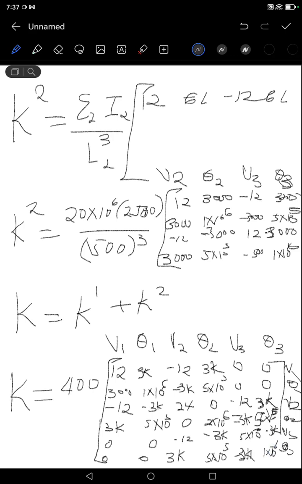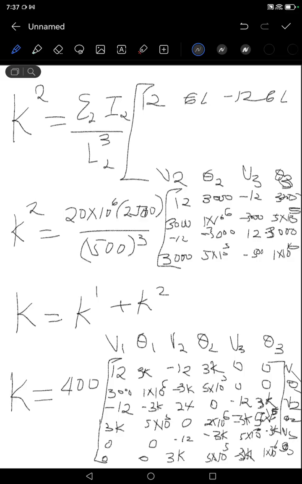Okay, like this. So this is how we determine the stiffness. We're going to have element 1 plus element 2. Sometimes you'll be given 3 elements, so we're going to have plus k to the power of 3 if we have 3 elements. Okay, so now we have the global stiffness. After determining the global stiffness, they'll ask us to determine the displacement and rotation.